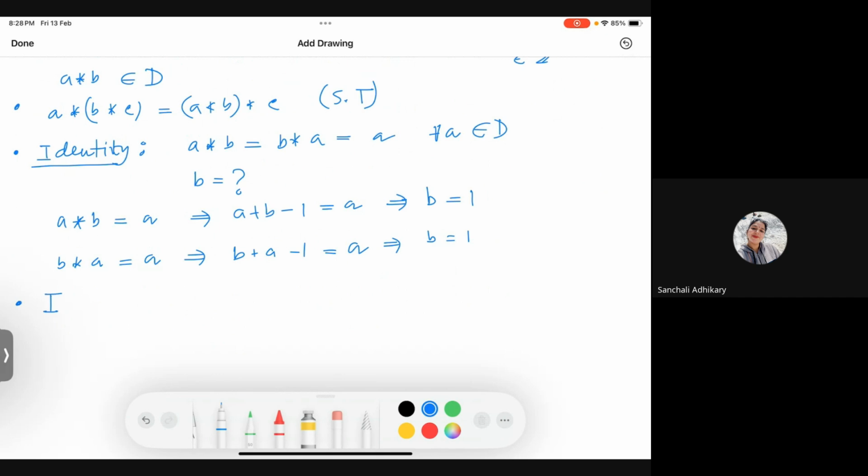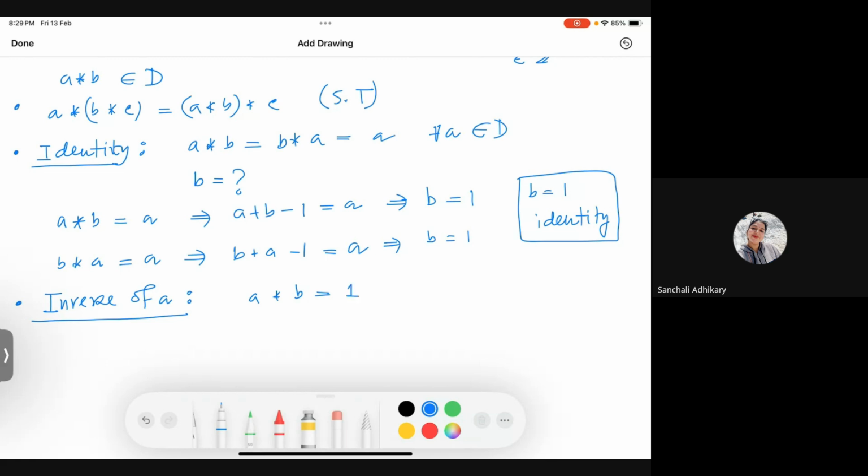Now, what is the inverse? So B is equal to 1. This is the identity element. What is the inverse element of A? Inverse of A. So I need B star A to be equal to 1, right?